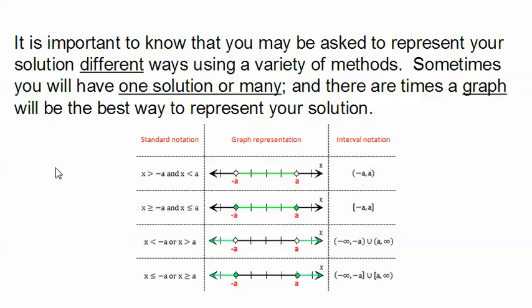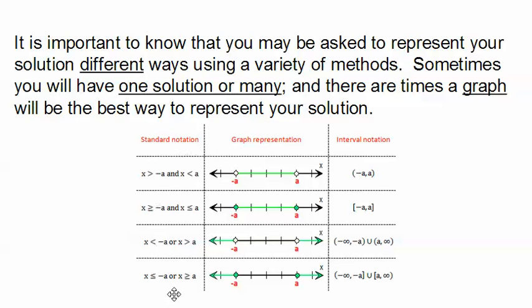It is important to know that you may be asked to represent your solution different ways, using a variety of methods. Sometimes you will have one solution or many, and there are times a graph will be the best way to represent your solution. Take a look at these different examples.